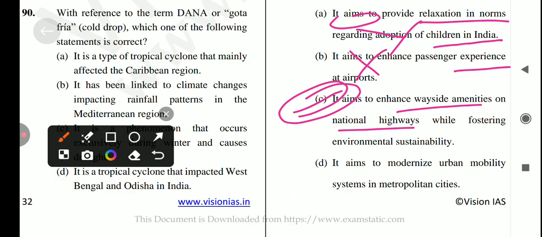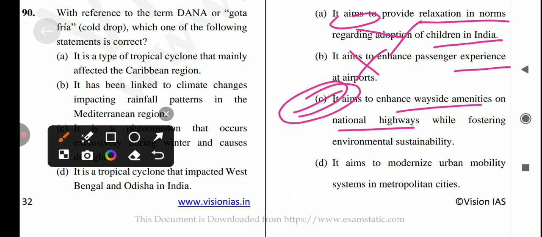So first is wayside amenities, which means establishing standardized facilities like rest areas, food courts, clean washrooms and parking on national highways. Next is support for local communities, like creating business opportunities and employment for marginalized communities. Next is environmental sustainability, which promotes water and soil conservation, waste recycling, and solar energy use.